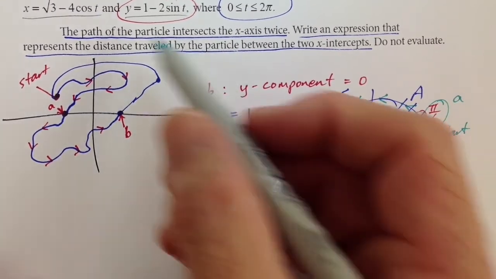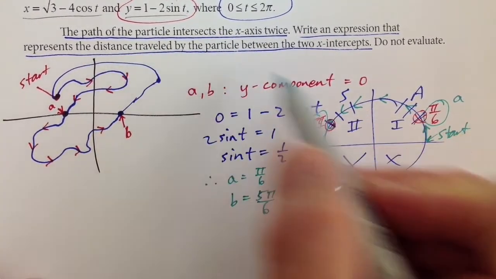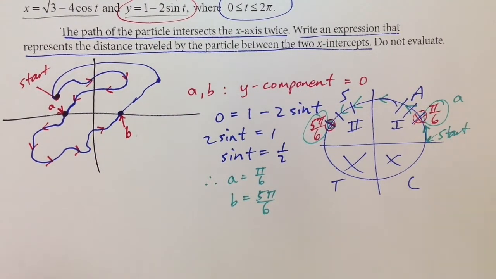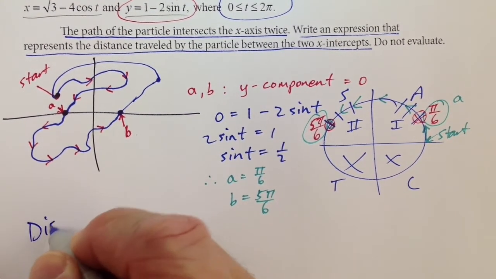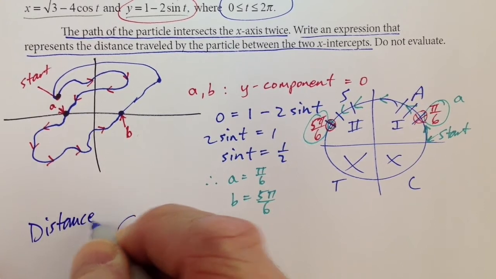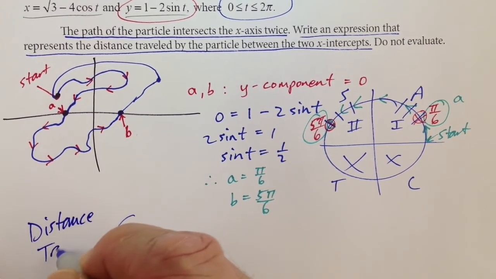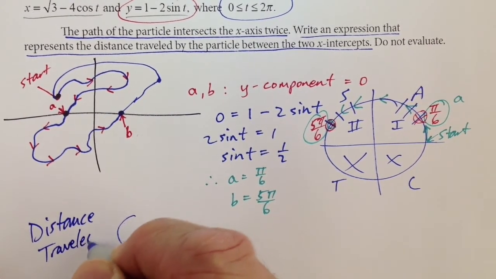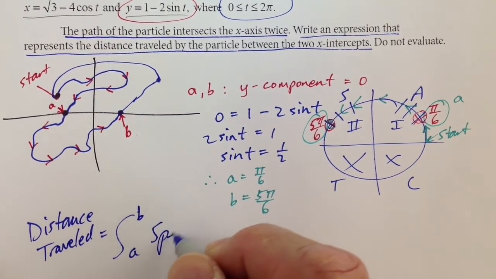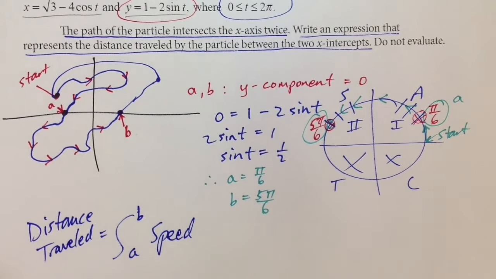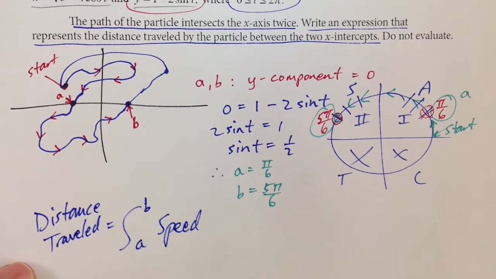Well, how do we find the distance traveled? Distance traveled is the integral of the speed. The distance traveled would be the integral from a to b of the speed. We always integrate speed if we want to find distance traveled.